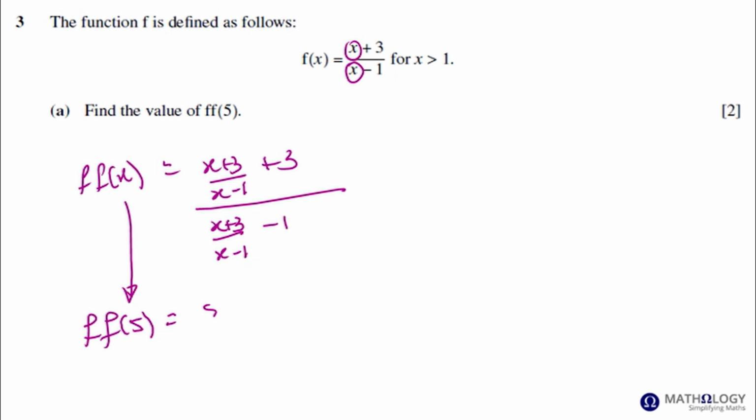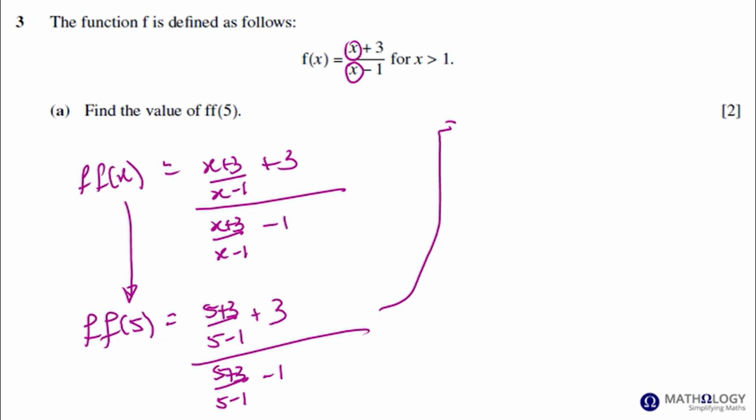So ff of 5 will be 5 plus 3 over 5 minus 1, plus 3, over 5 plus 3 over 5 minus 1, minus 1. We'll have that equals 8 over 4 plus 3 over 8 over 4 minus 1. 2 plus 3 is 5. 2 minus 1 is 1, so it'll just be 5.